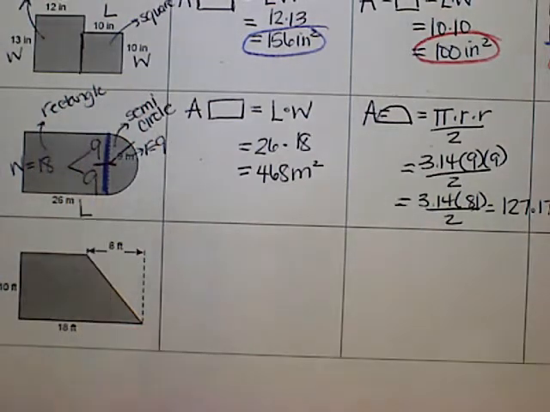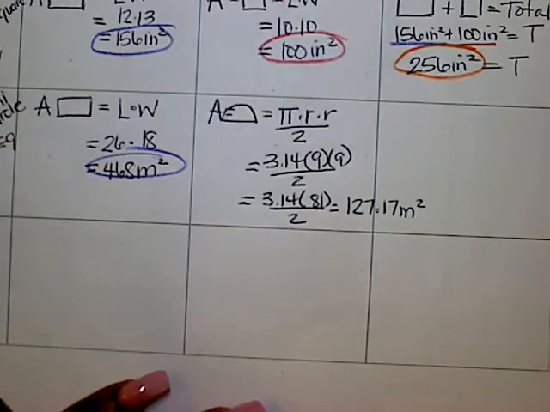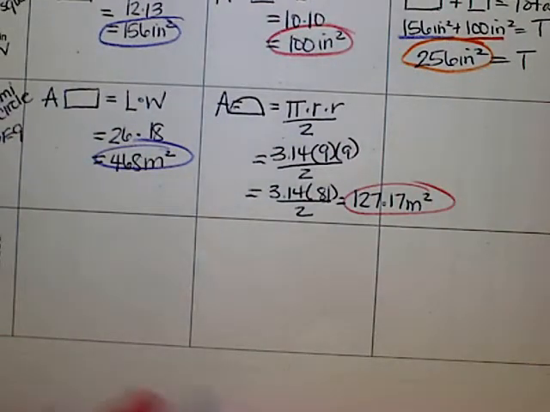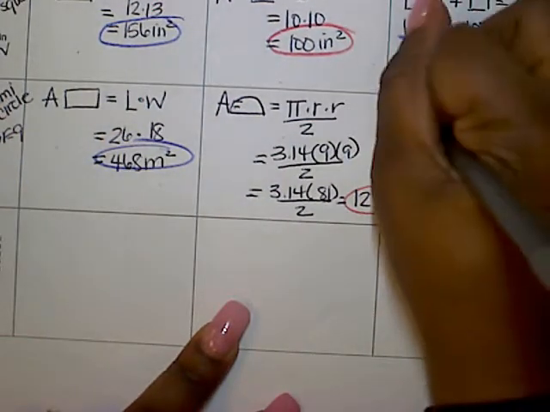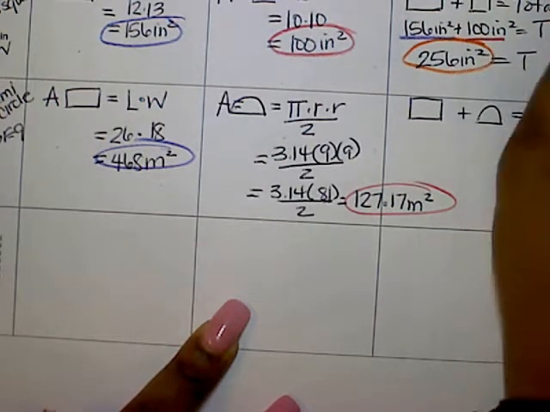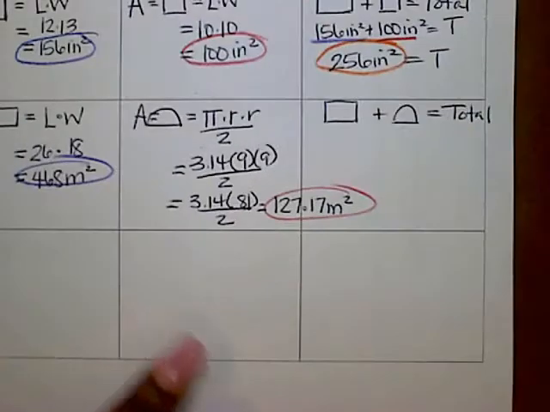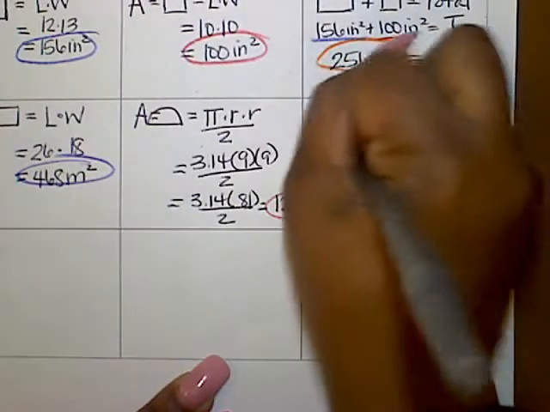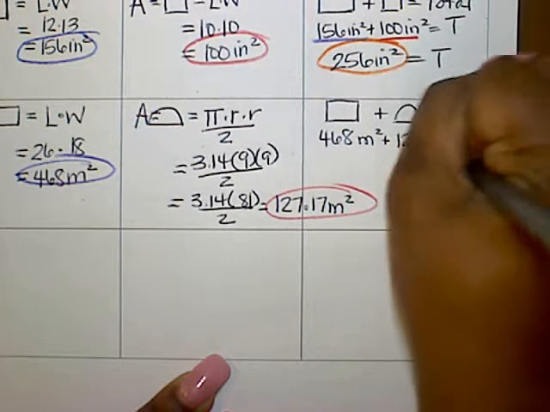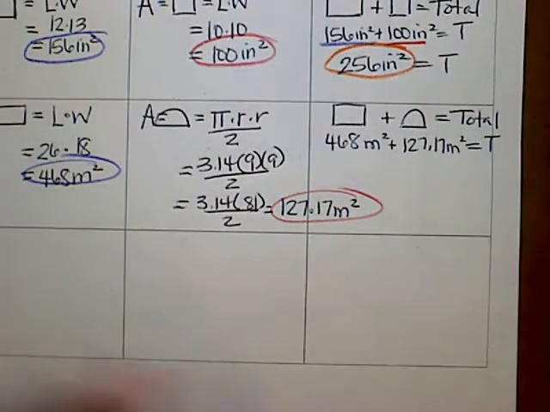meters squared. So now it's important for us to take these and put it all together to find our total. So we know rectangle plus semicircle equals our total. So that's going to be 468 meters squared plus 127.17 meters squared, and this could equal our total.